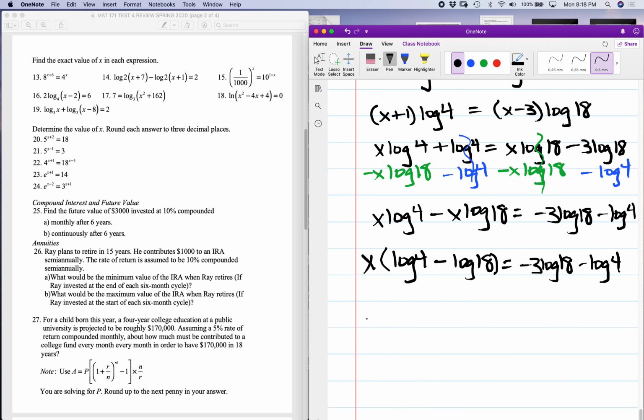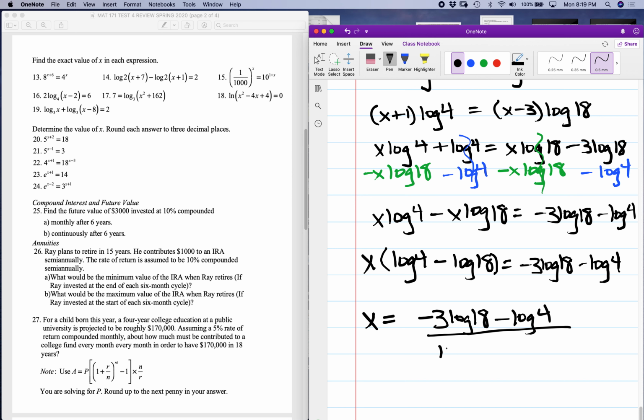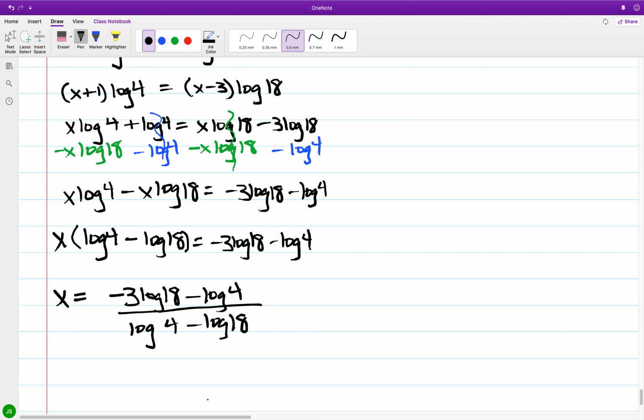And upon isolating x, we have a quotient: minus 3 times the base 10 logarithm of 18 minus the base 10 logarithm of 4, divided by the base 10 logarithm of 4 minus the base 10 logarithm of 18.